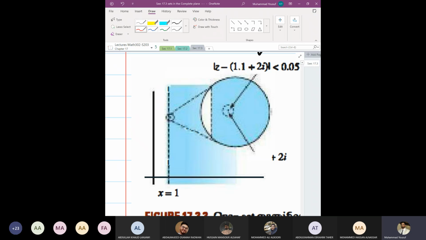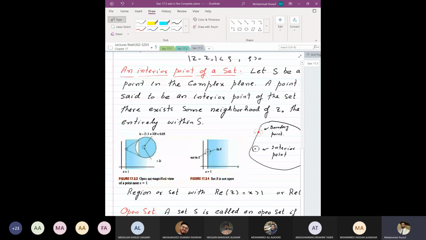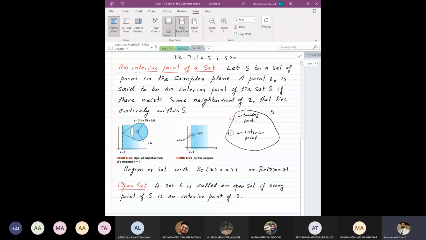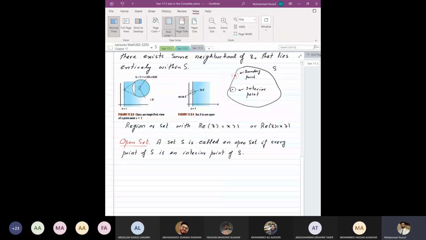Then the neighborhood is actually what is shown here. So still we can find a neighborhood that is entirely inside the set S. So like I said before, if the distance of the point from the boundary is 10 power minus 100, you can find a neighborhood whose radius is 10 power minus 100 divided by 2, which is totally inside the set S.